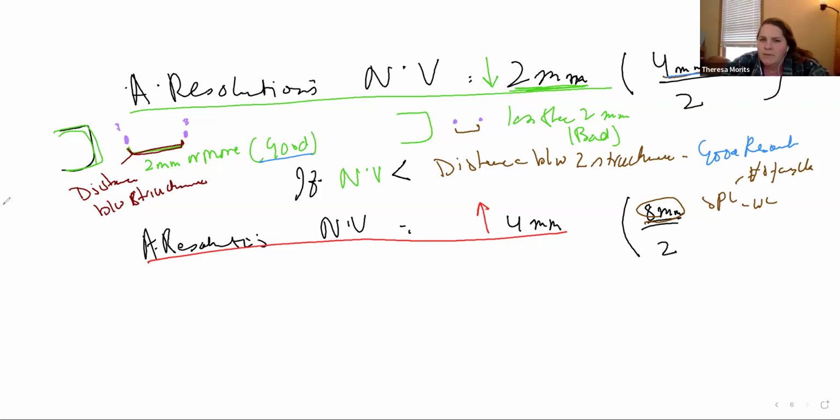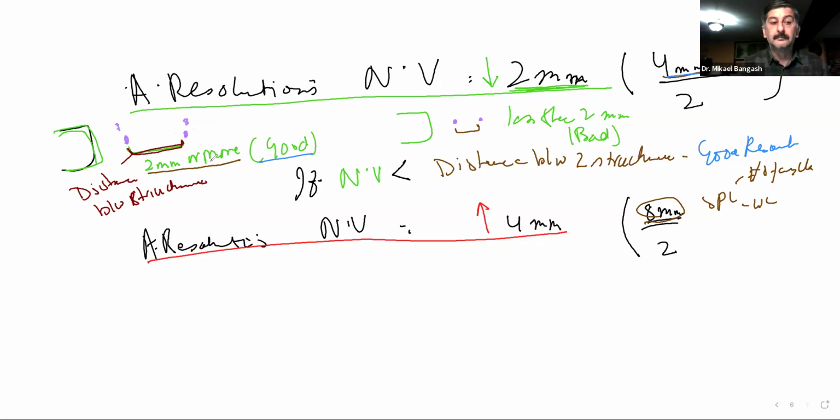I'm saying it's the numerical value, this distance here. This is your numerical value right here. If that is lesser than the distance between the two structures, I get it, I read it wrong. That will give you a good axial resolution.